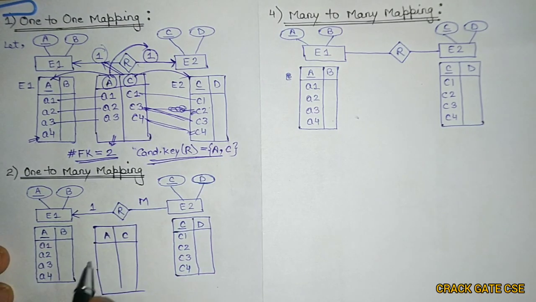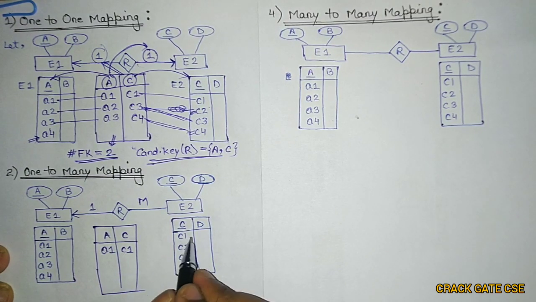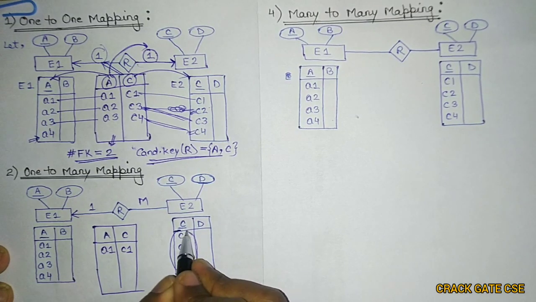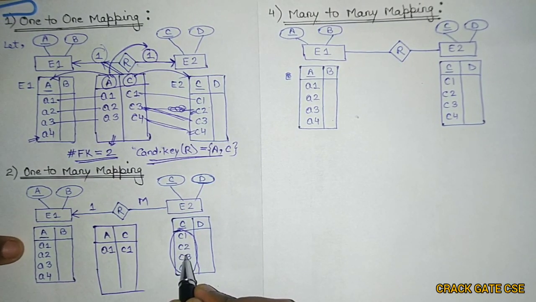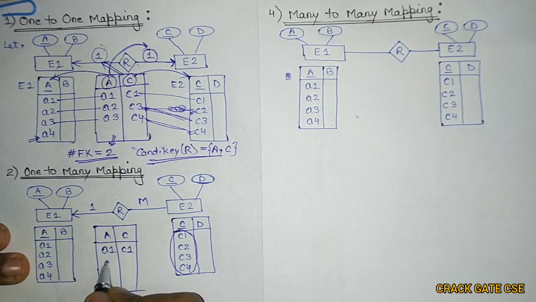What does it mean? See, A1 can relate with C1. These values will relate with exactly one value of this particular thing, but this value can relate with more than one. What does it mean? See, A2 can relate with C2 and A2 can also relate with C3.